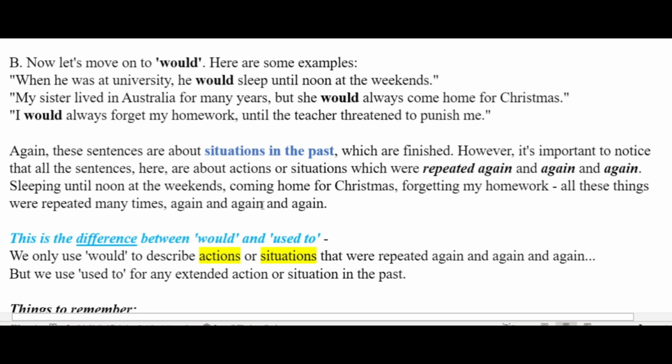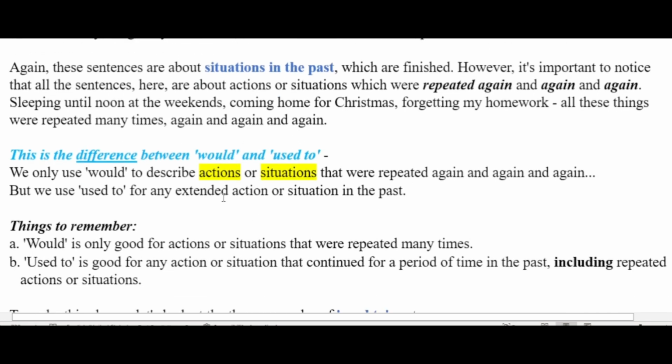This is the difference between would and used to. We only use would to describe actions or situations that were repeated again and again. But we use used to for many extended actions or situations in the past.